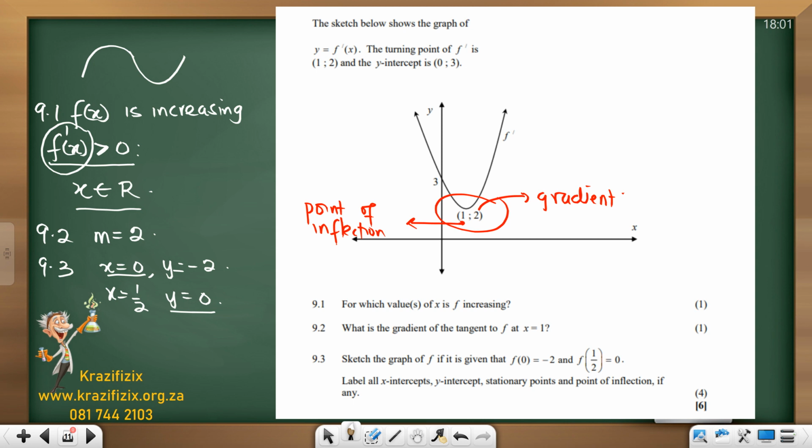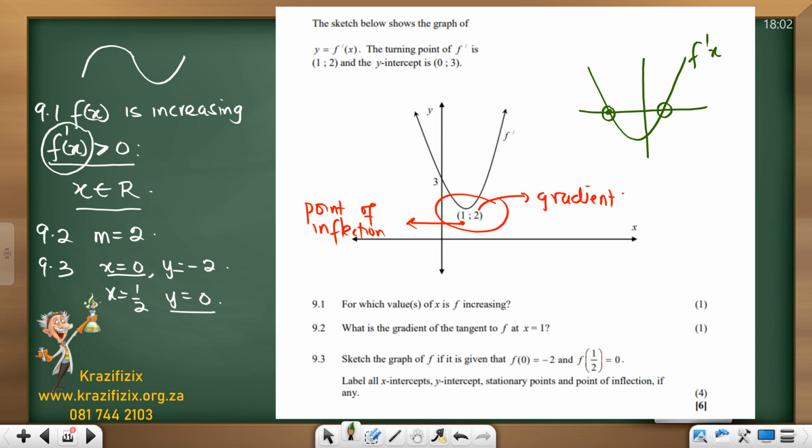All right. Do you notice that this graph doesn't have an x-intercept? What do I mean by this graph doesn't have an x-intercept? The f prime of x. Because normally, if I have this as my f prime of x, this point would be the... Okay, let's see.